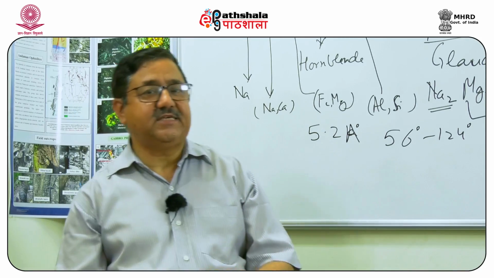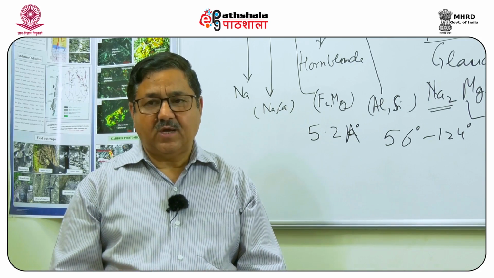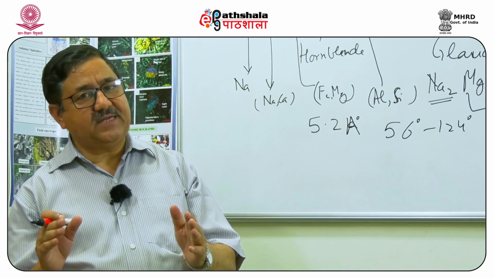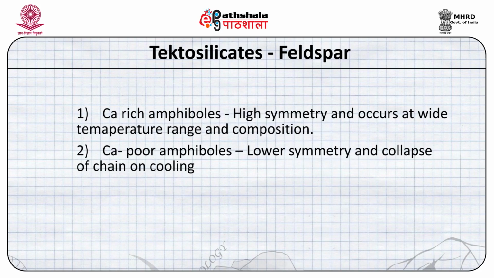Because of this complexity of the structure of the amphiboles, we can summarize the types of amphiboles and describe their conditions. For example, the Ca rich amphiboles are of high symmetry and they occur at wide temperature range and pressure. Ca poor amphiboles are of lower symmetry and their chains collapse on cooling.